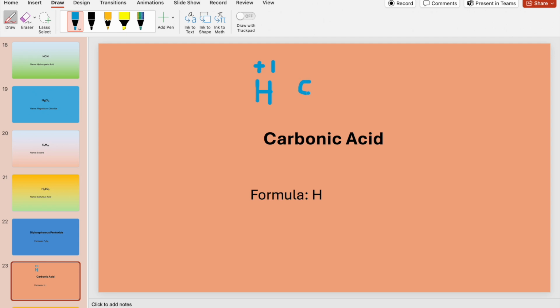And carbonate, so ic turns to ate, so ate to ic, that kind of thing. So carbonate is CO3. How do you know it's not just carbon? That's because there's no hydro out front. So if there's no hydro out front, you need a polyatomic. Now, carbonate is -2, so you need 2 hydrogens to get +2 for 1 carbonate.